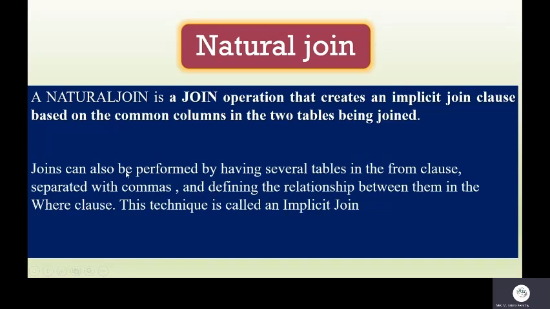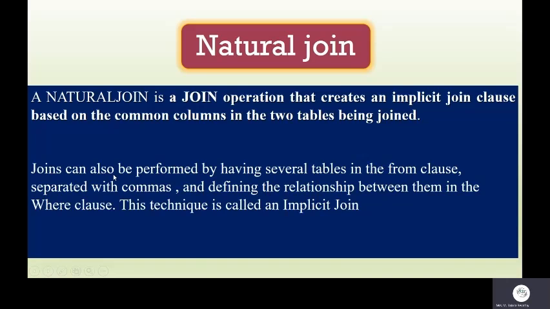Implicit join in the sense, joins can be performed by having some tables in the FROM clause, with the content separated with commas. And the relationships between the attributes can be defined using the WHERE clause.